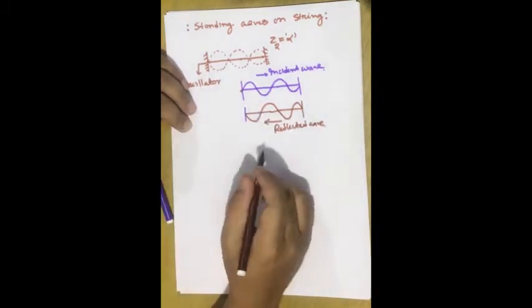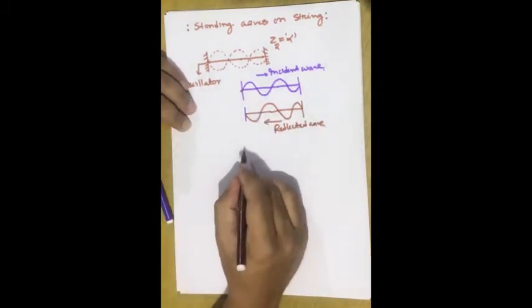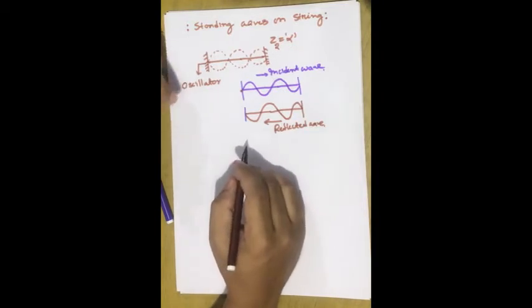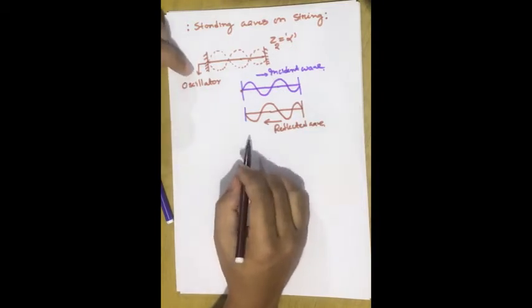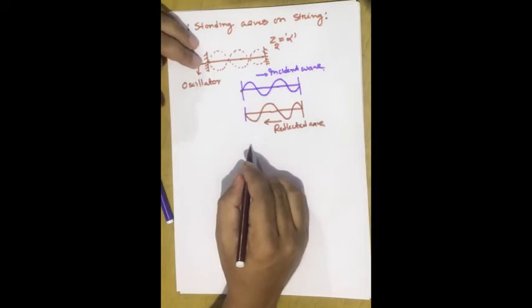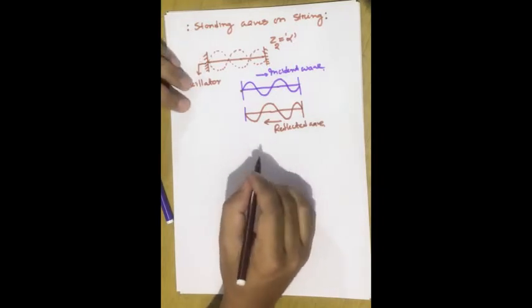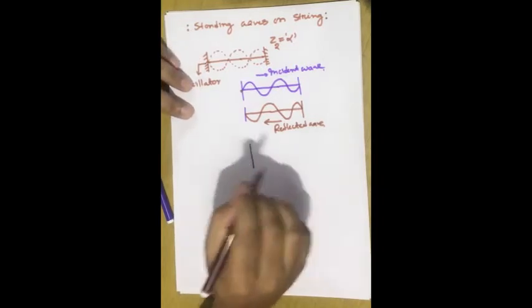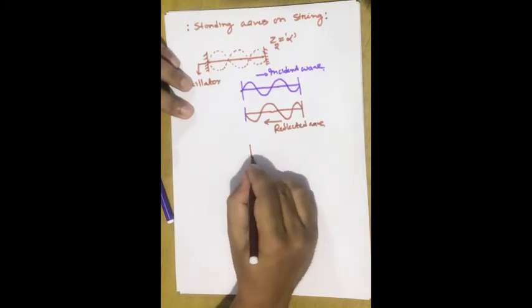So how will this wave pattern look? As I told you, in a standing wave, the position of the maximum and minimum of the wave will not change with time. Suppose at one instant of time, the standing wave pattern is like this.